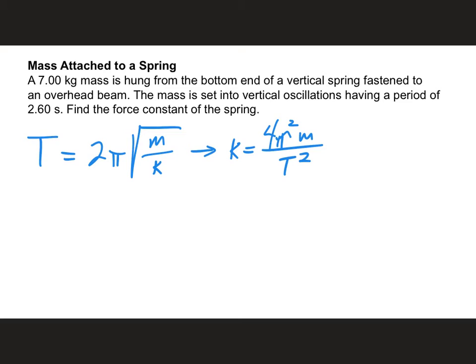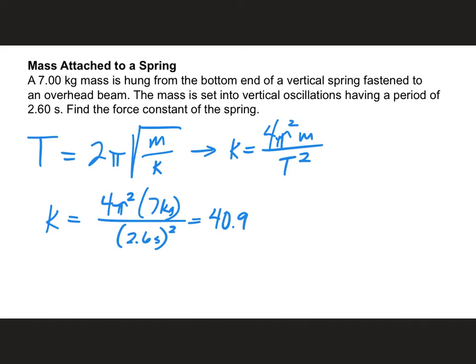And so this spring constant is 4 pi squared times that 7 kilograms over the period of 2.6 seconds squared, and you get 40.9 kilograms per second squared. You're like, wait a minute, spring constants are newtons per meter. That's correct. This is equivalent, though, to newtons per meter. And how is that?